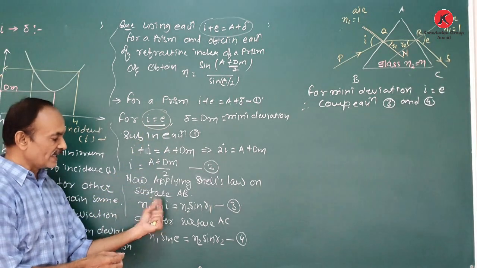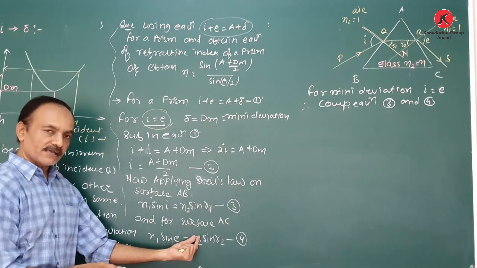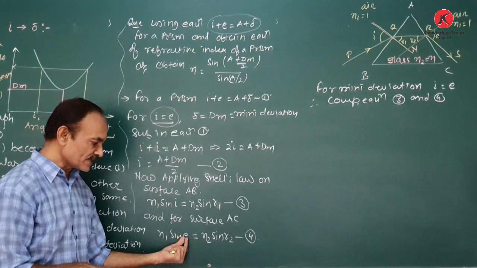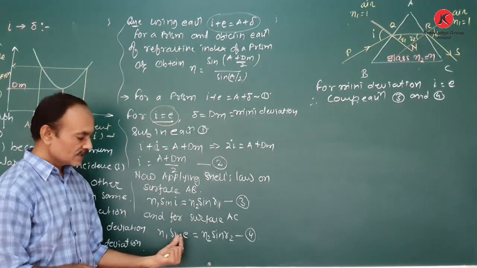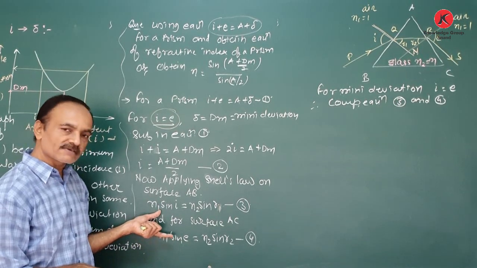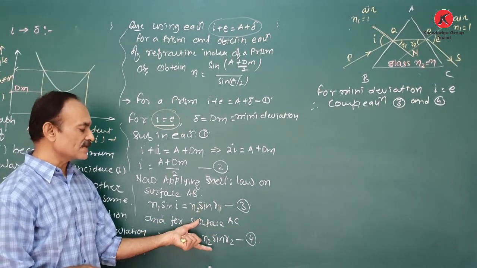Therefore N1 sin I, while in equation 4 the left hand side is N1 sin E. Instead of E we substitute I. Therefore N1 sin I, N1 sin I. The left hand sides of these two equations are the same, therefore the right hand sides must be the same.